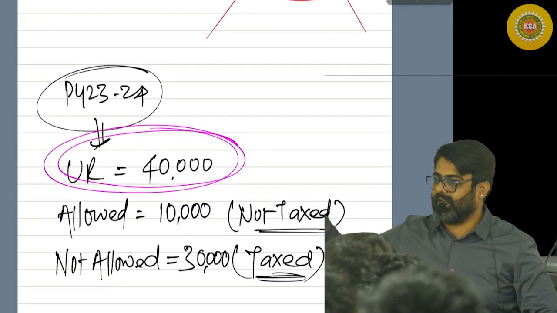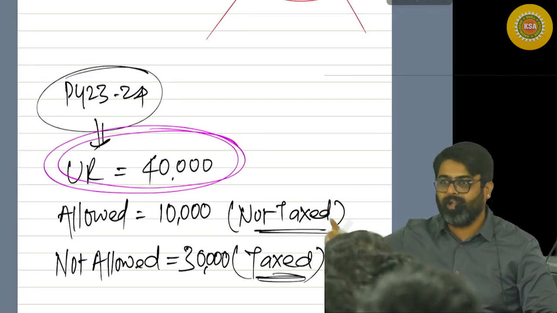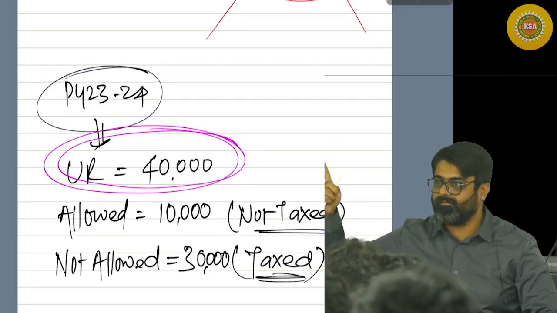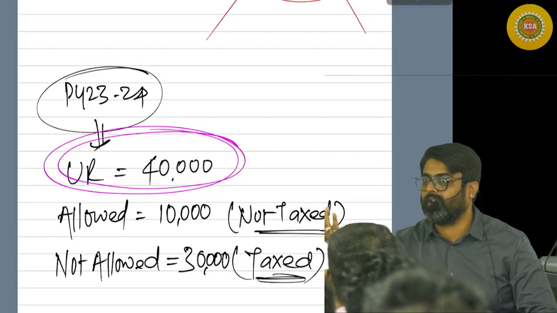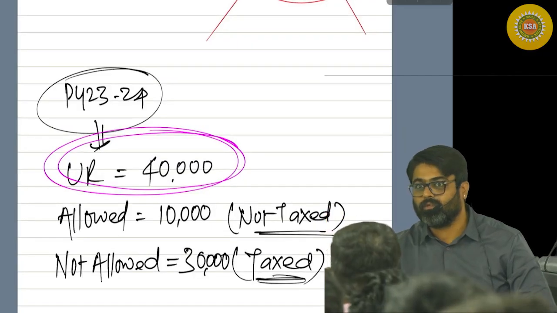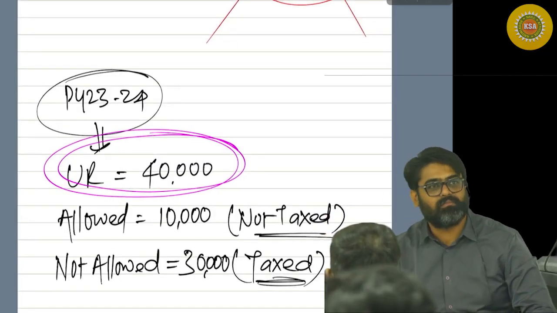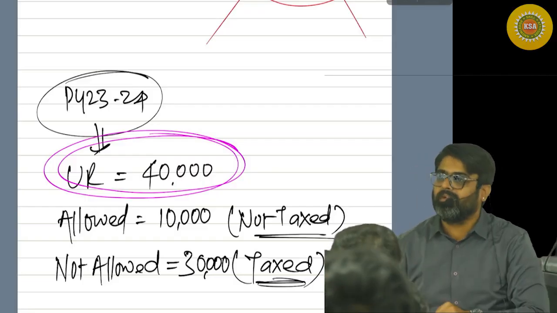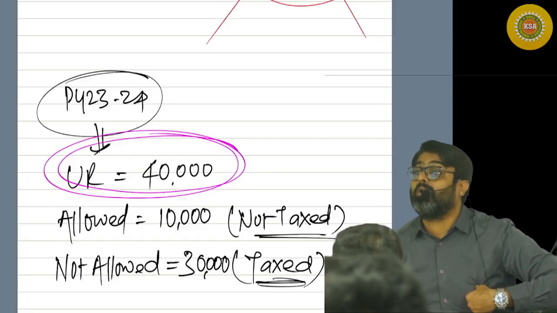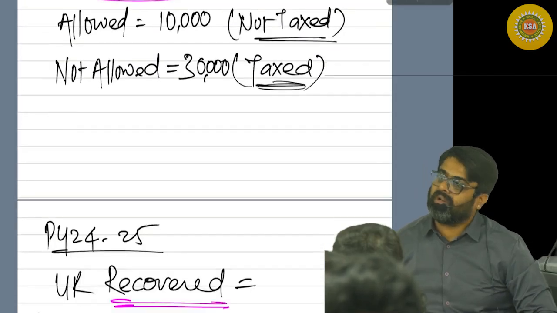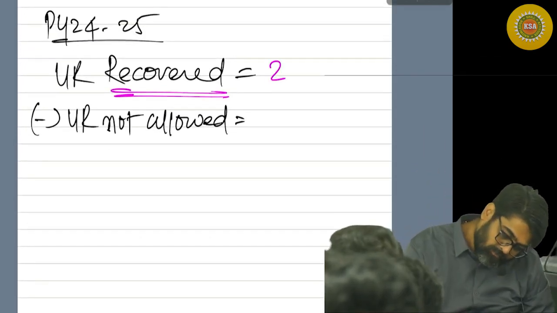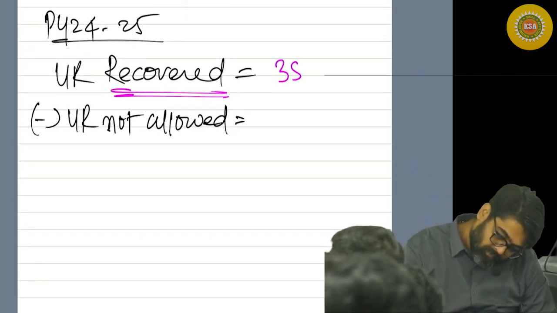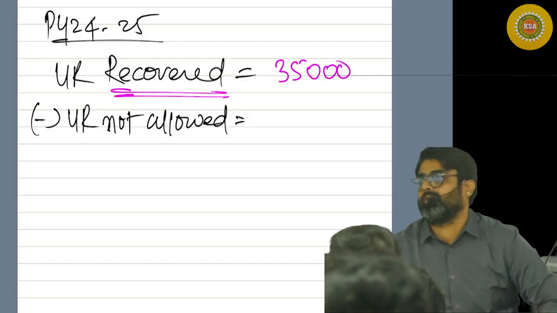40,000 unrealized rent. Looking at me, running now? No. Give me my 40,000. He was not giving. I thrashed him here and there. I grabbed him and snatched the wallet out of his pocket, but I could recover only 35,000.